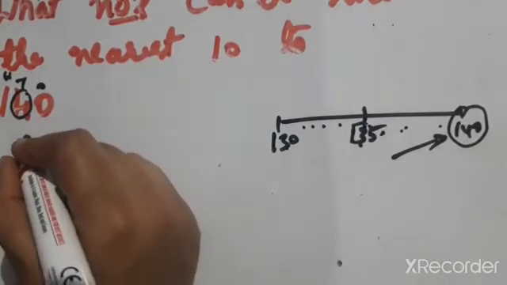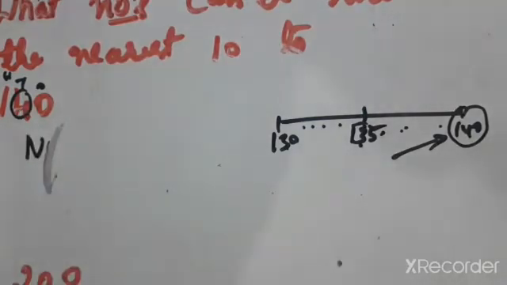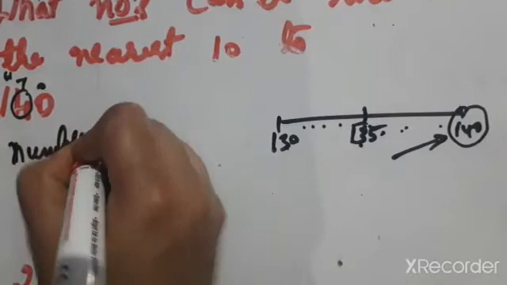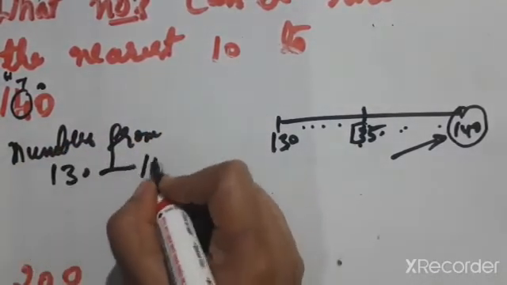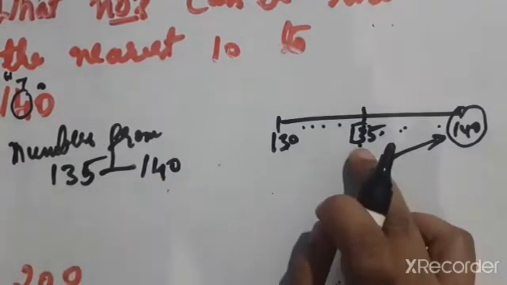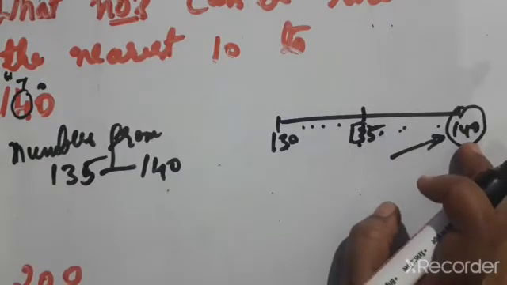Now our answer is numbers from 135 to 140 we can round up to 140.